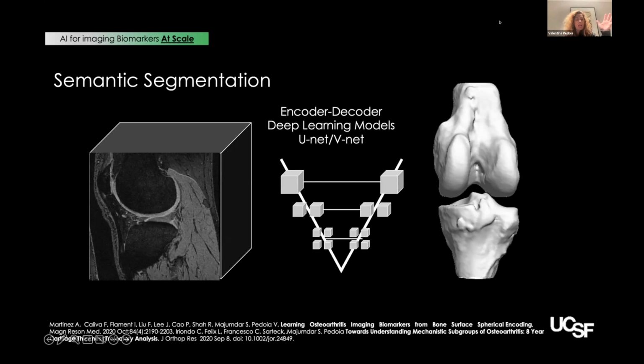This was an unmet challenge for the longest time, but 10 years ago, in 2015, the first UNet model was presented, and all the variants of that give us the opportunity to extract high resolution surfaces. This is a high resolution surface of the knee joint, femur bone on the top and tibia bone on the bottom.